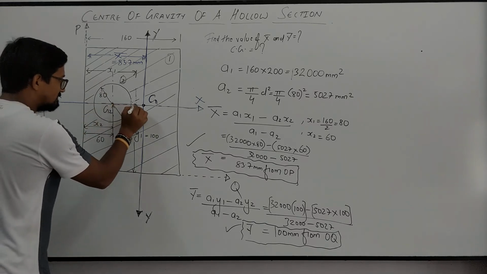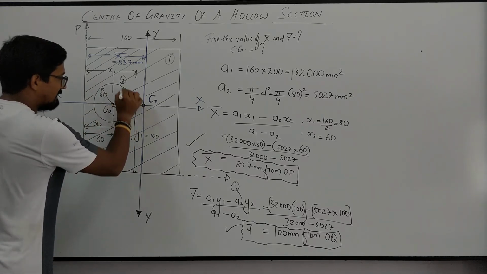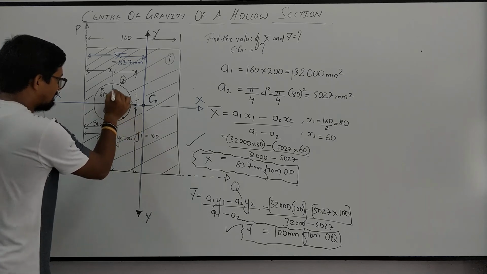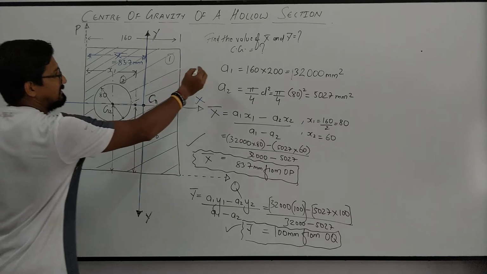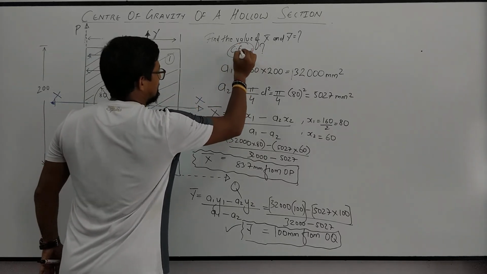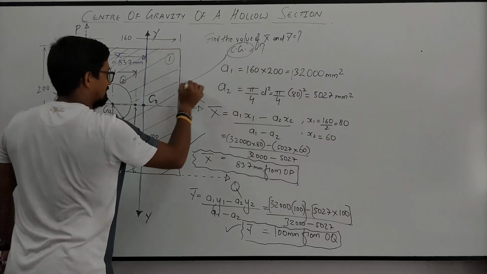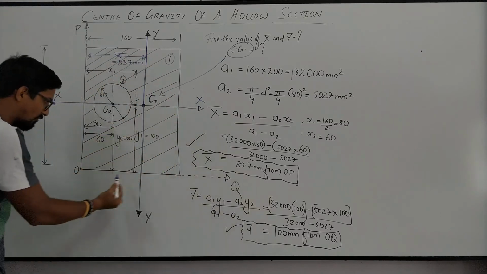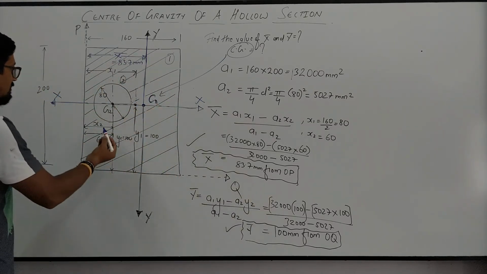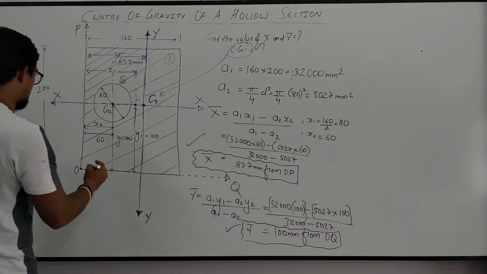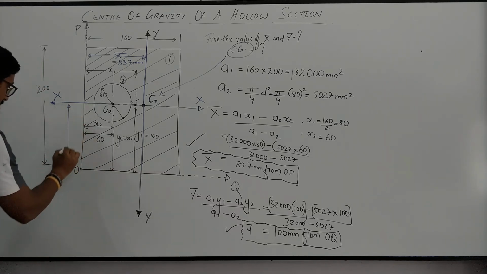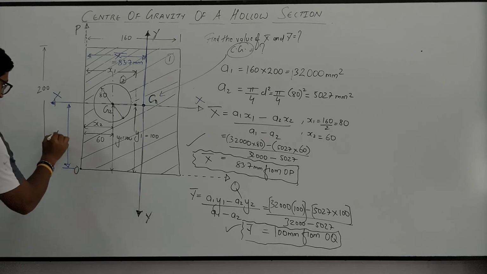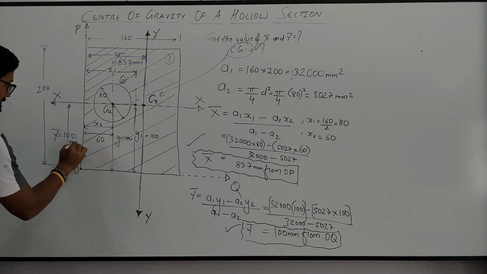So this was the CG of the rectangle, this is the CG of the hollow circular section, and this is the CG of the whole section which we have to find. This is Y bar which is 100 mm.